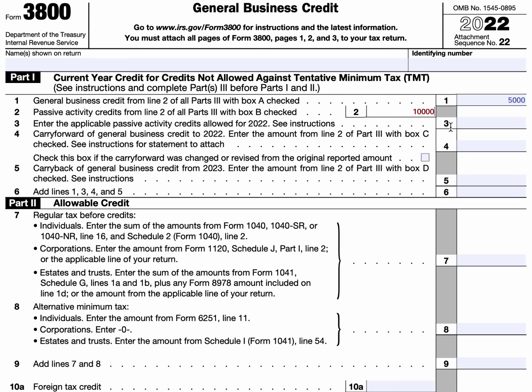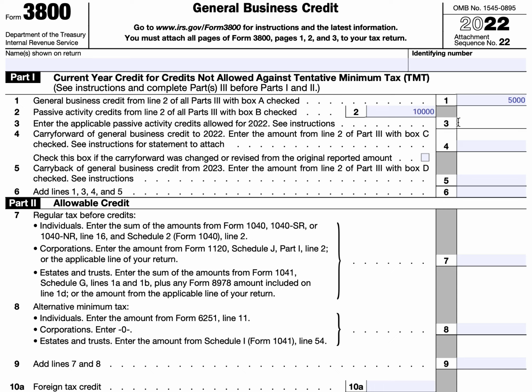So if there's previous passive activity credits that you were not allowed, you would put them in here. So let's just say that we carried forward $5,000 of passive activity credits.